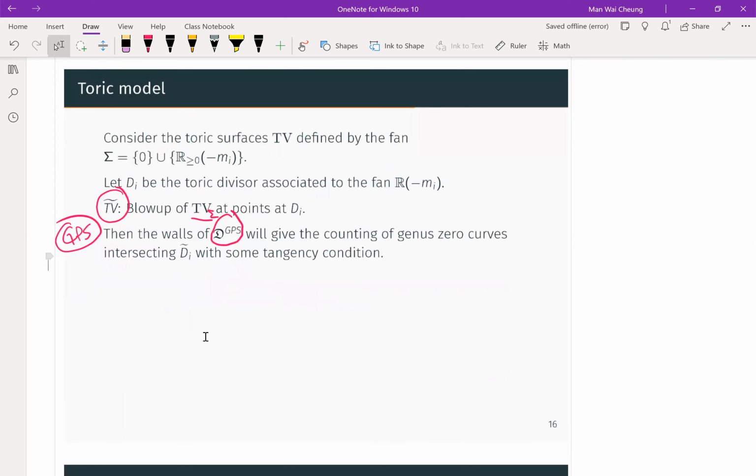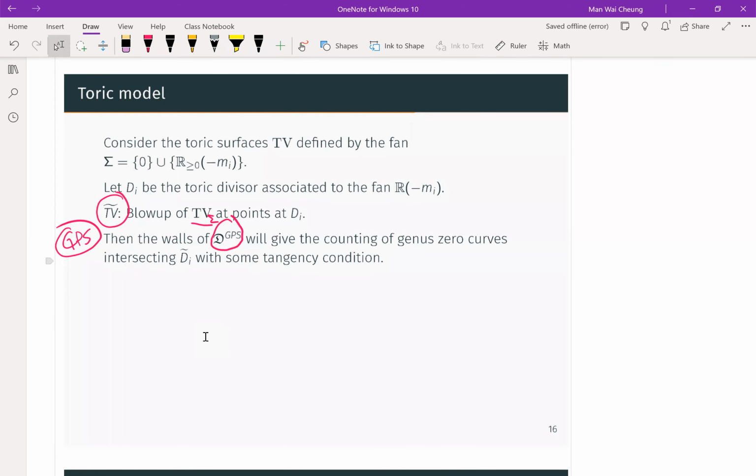Just so the divisor is codimension 1, so when you blow up at specific points in the divisor. In here, we don't really care. It's just a point, but in the toric variety, we're going to see it's very specific. Yeah.